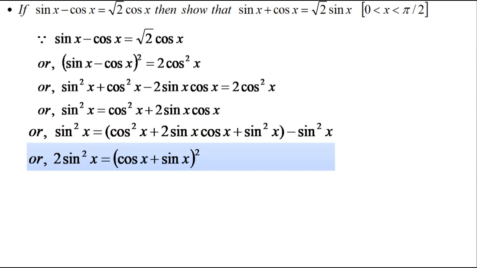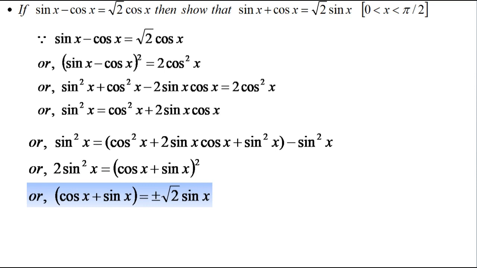Now square root both the sides and we get cos x plus sin x equals to plus minus root 2 sin x.